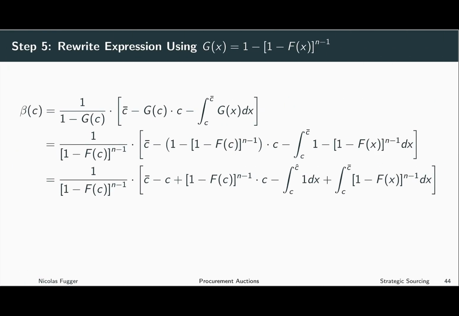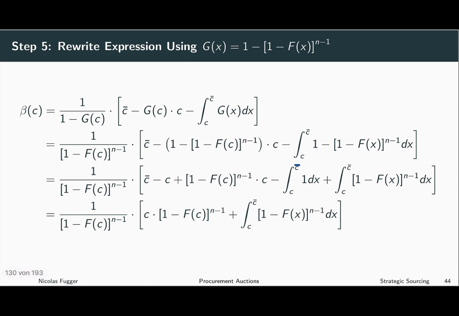In the next step, we want to simplify this expression, and first of all we multiply c by 1 and by 1 minus f of c to the power of n-1. Furthermore, we split up this integral and get this expression.